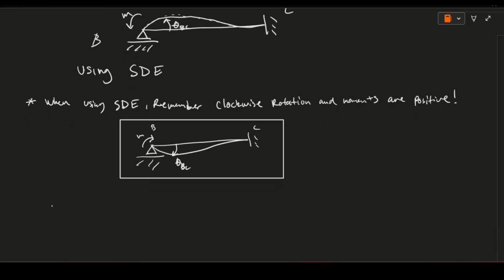So we have in member BC that M is negative and theta BC is negative.